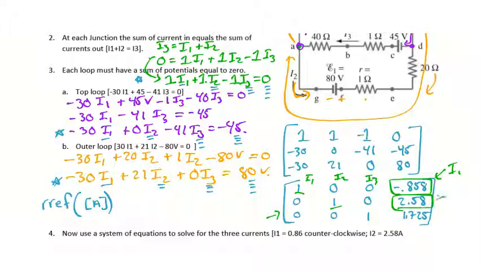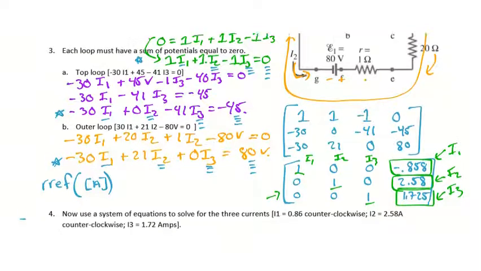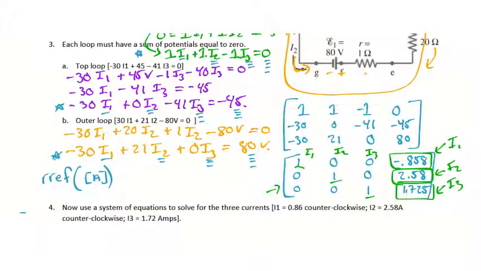So this is current 2. And then I3 is this value. So this is actually current 3. And so you were able to solve a 3 by 3, 3 equation, 3 unknowns system of equations in seconds using the reduced row echelon form of a matrix. So this is an extremely efficient way of solving systems of equations.